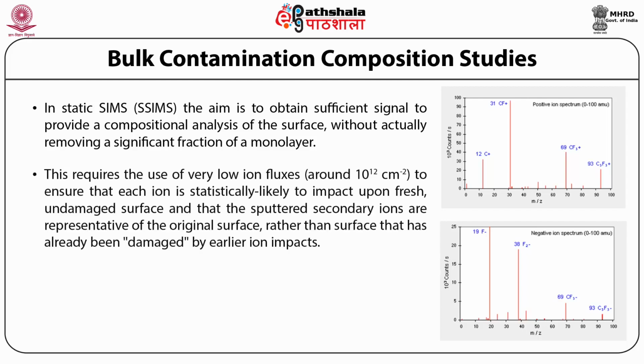This requires the use of very low ion fluxes, around 10 to the power 12 per centimeter square, to ensure that each ion is statistically likely to impact upon fresh undamaged surface, and that the sputtered secondary ions are representative of the original surface rather than a surface that has already been damaged by earlier ion impacts.